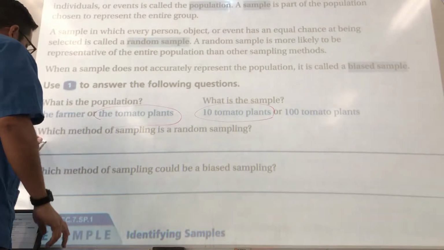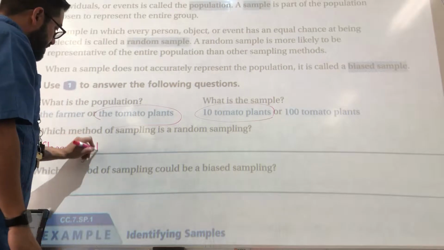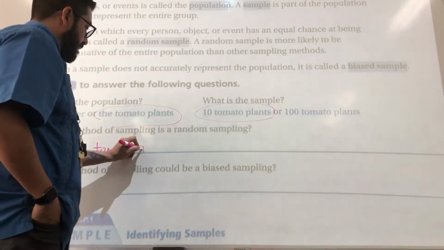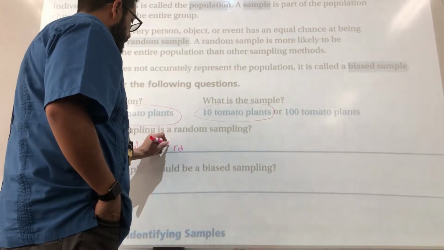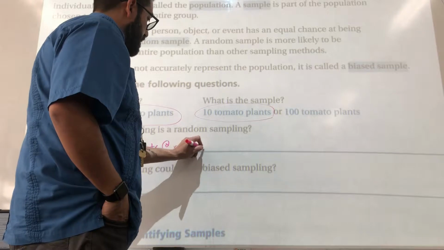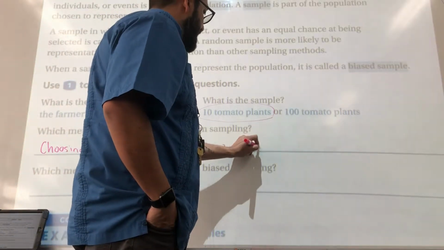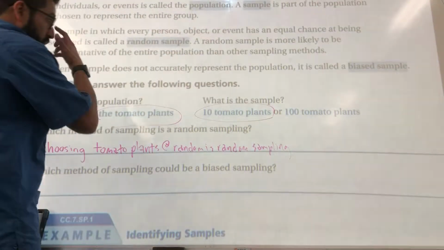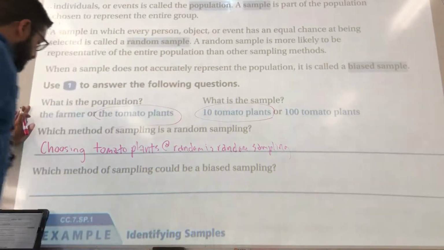So choosing tomato plants at random is random sampling. Okay, because you might just as easily choose a lower producing tomato plant or a higher producing tomato plant.